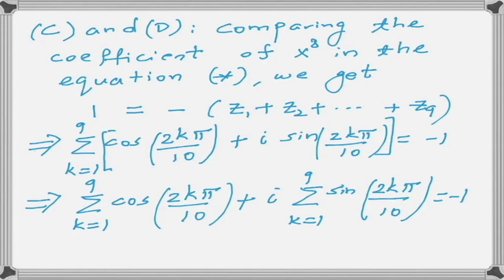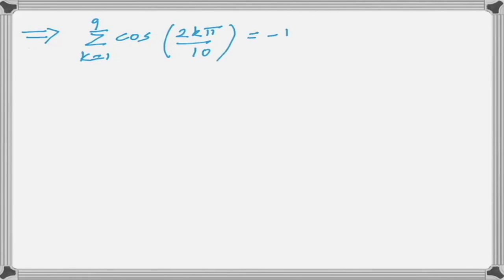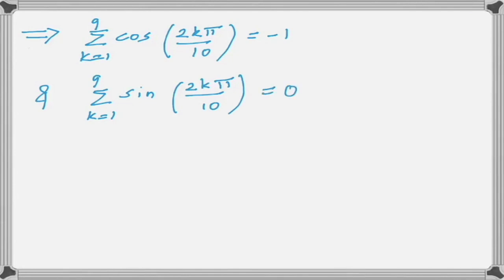Now, comparing the real part and imaginary part in this equation, we will get that summation k goes from 1 to 9 cos 2k pi by 10 is equal to minus 1 and summation k goes from 1 to 9 sin 2k pi by 10 is equal to 0.